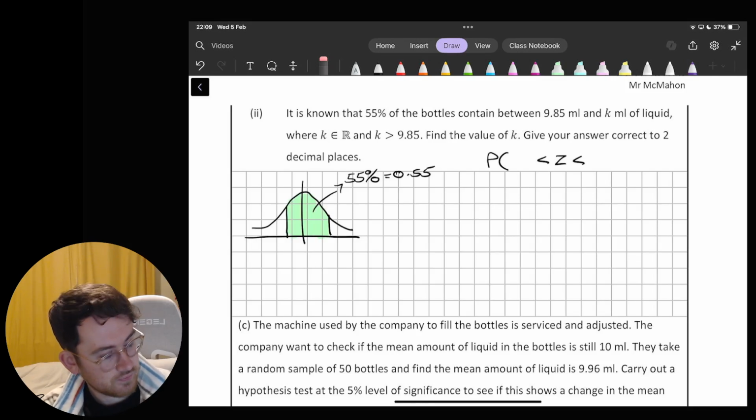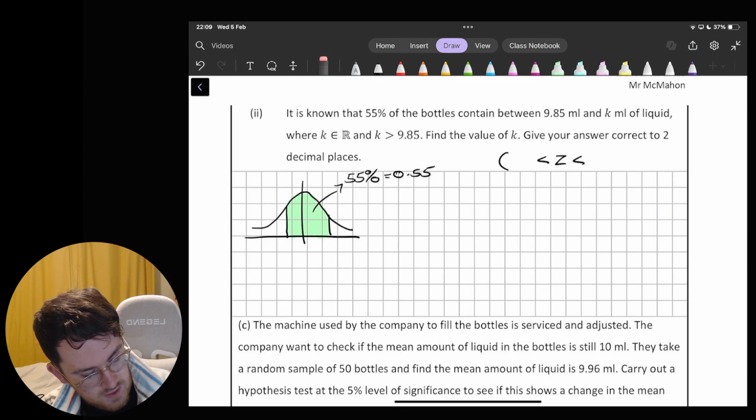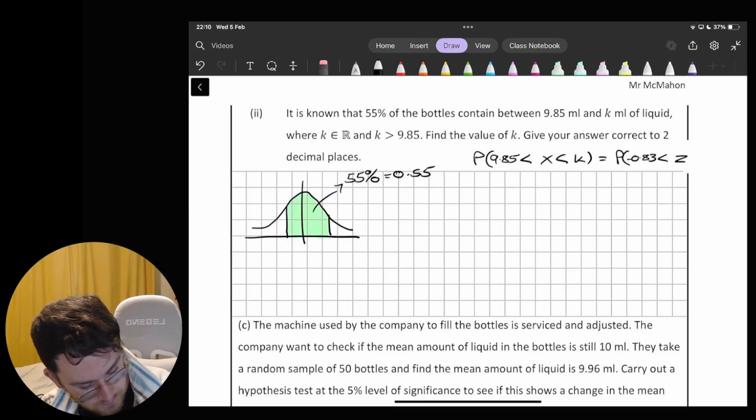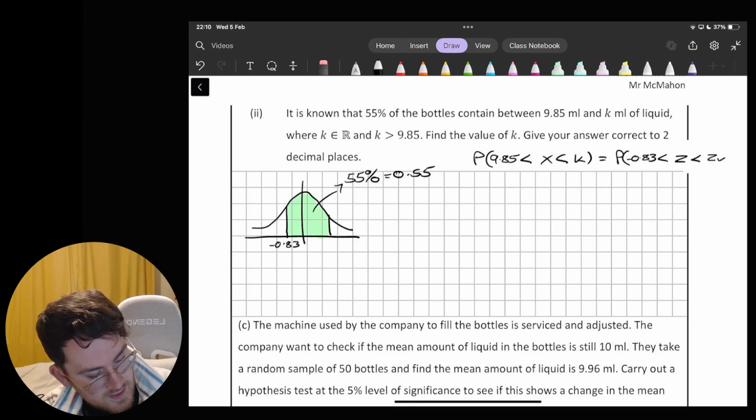is going to be 0.55. Okay, so let's try and lay this out in a way that's going to make sense to us without giving anything away. We're looking for the probability that x is between 9.85 and k, which we could match up with the probability of z being between minus 0.83, which we already know from the last one, and zk.